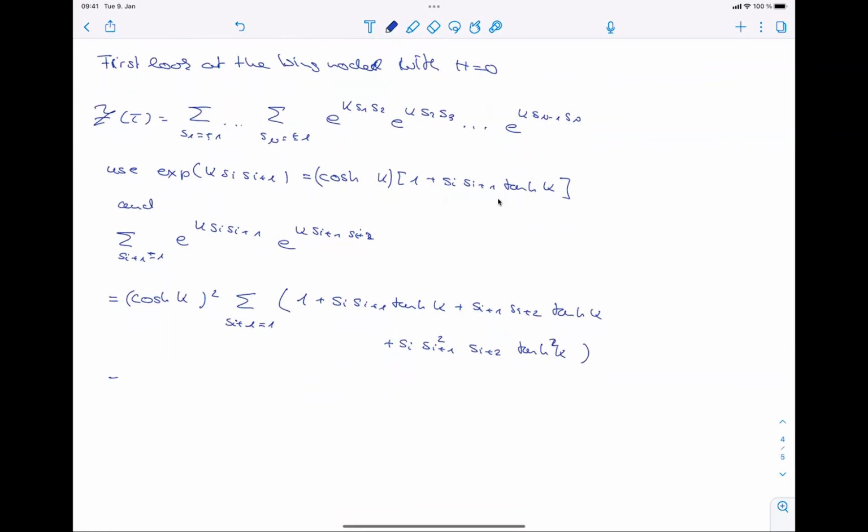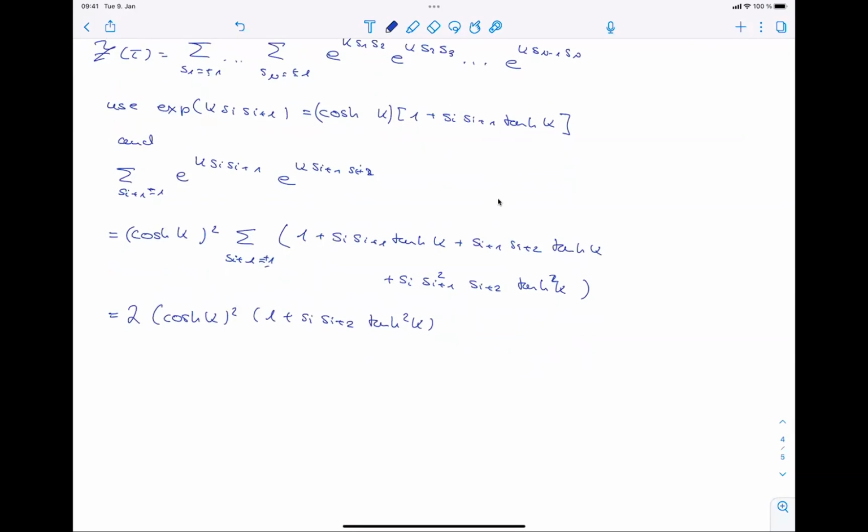Summing over s_(i+1) being plus and minus 1, the terms linear in s_(i+1) come up twice with a plus and a minus, and therefore cancel out, and only the two remaining terms prevail with the same contribution. So we get a factor of 2 cosh k squared, and then 1 plus s_i s_(i+2) times tanh squared k.